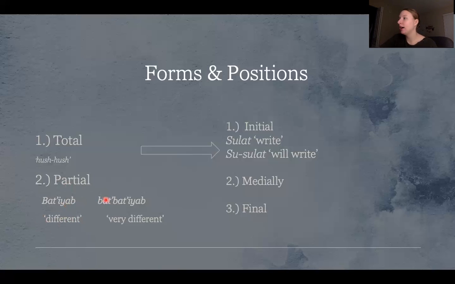We can observe that the beginning of the base is being reduplicated. That initial part, bat, creates batiab, which adds on that adverb very, so it goes from different to very different. And that's a very good example of partial reduplication.